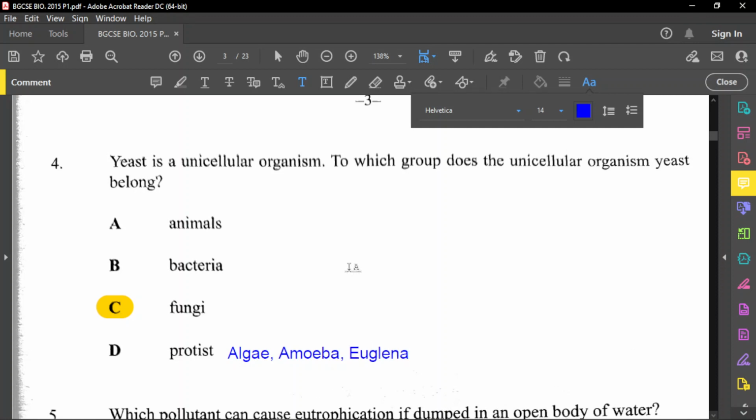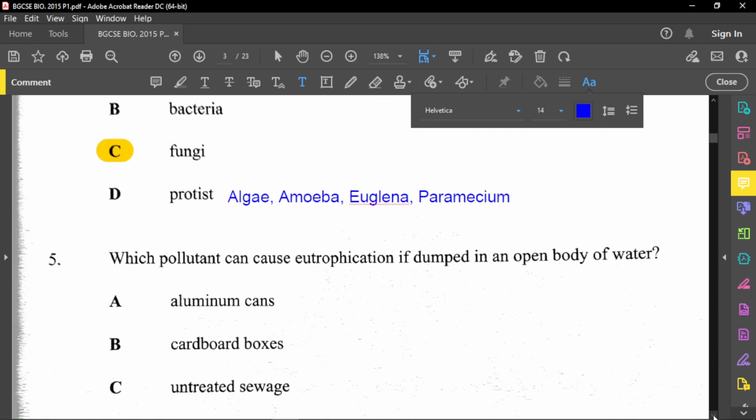So just in case you may see this on the examination, you know exactly what to write. And also we have the paramecium. All right, so those are some common organisms that belong to the protist group. All right, so let's go to question number 5.